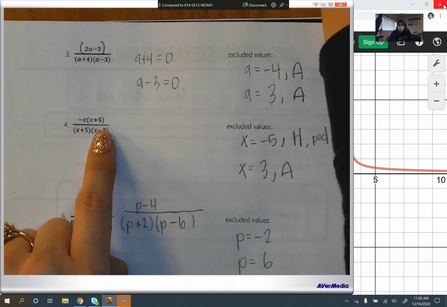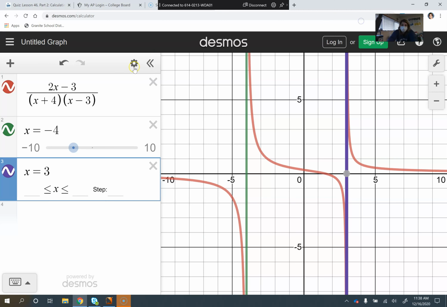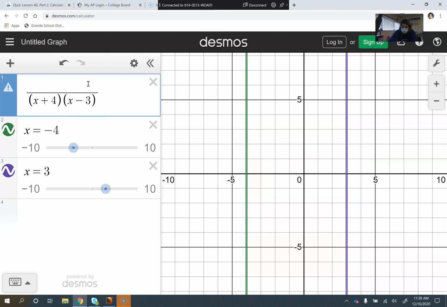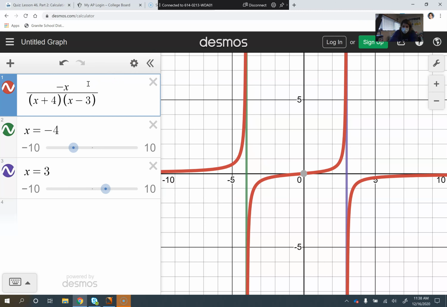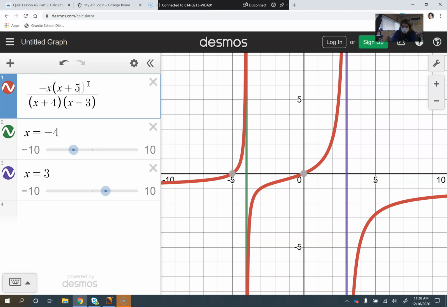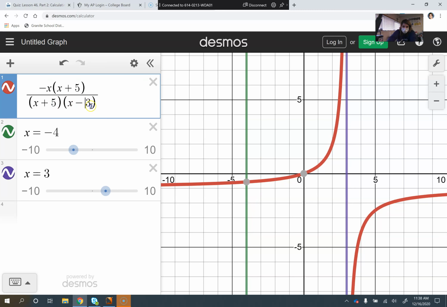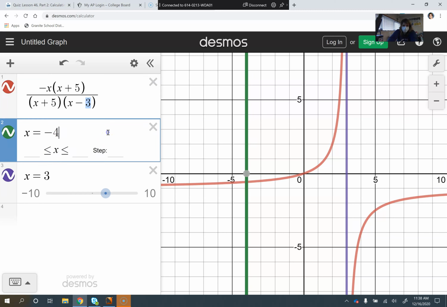If we graph this one, though, he looks different. So if I go up here and I say -x times x plus 5, and then in the bottom we have a +5 and a minus what? Is it 3? Okay, thank you.